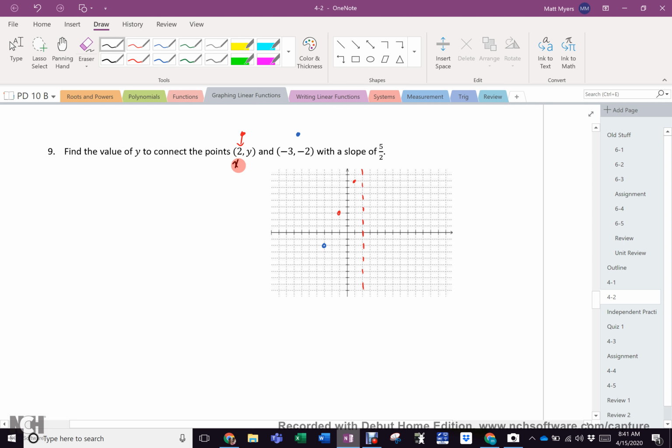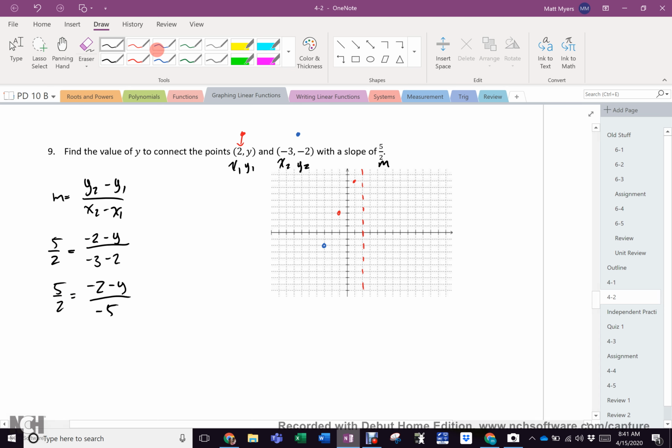x1, y1, x2, y2. m equals y2 minus y1 over x2 minus x1. Fill it in. m is 5 over 2 equals negative 2 minus y over negative 3 minus 2. 5 over 2 equals negative 2 minus y over negative 5.